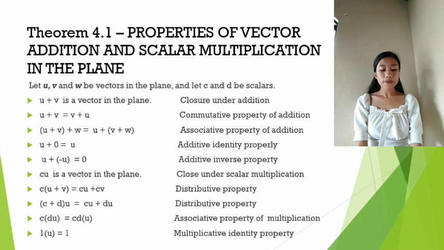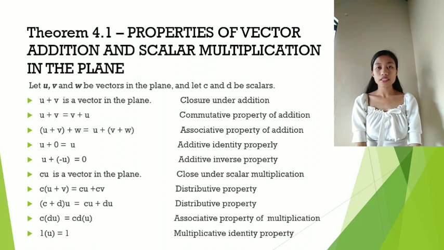For number 4, u plus 0 is equal to u. This is the additive identity property. For number 5, u plus -u is equal to 0. This is the additive inverse property. For number 6, cu is a vector in the plane.